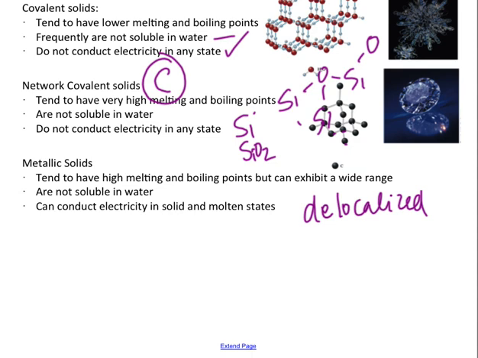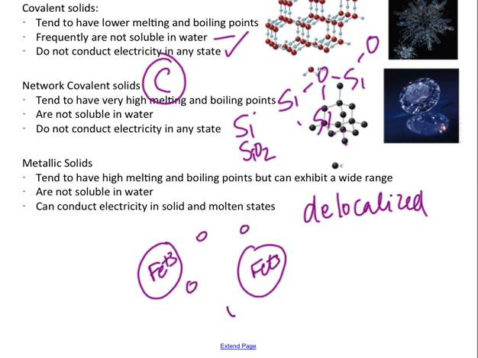Right? So basically, if you've got iron, you have your iron nucleus and core electrons, so it would be like iron plus 3. And the valence electrons will be shared among all the irons. So if there's 3 valence electrons for each, those are delocalized and can just go everywhere.